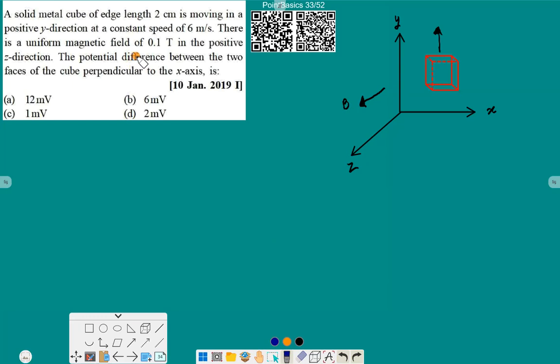Now the faces which are perpendicular to the x-axis: this face is perpendicular to the x-axis, and also this face. If we look according to the plane of the face, these two planes will be perpendicular to the x-axis.